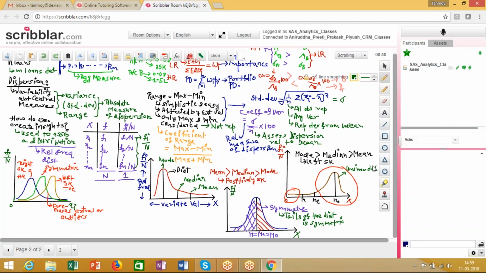However, you can also have bimodal distributions. You can also have bimodal or multimodal distributions, and they look like this.